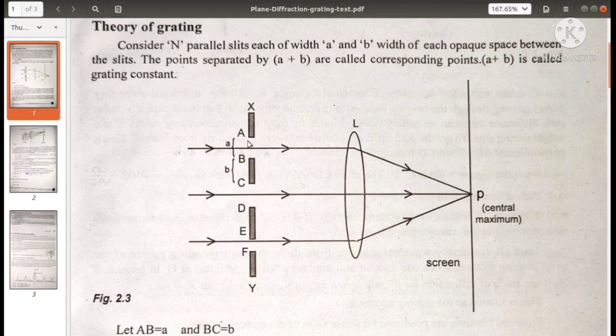So AB, CD, EF, etc. represent the slits, and BC, DE, etc. represent the opaque regions.